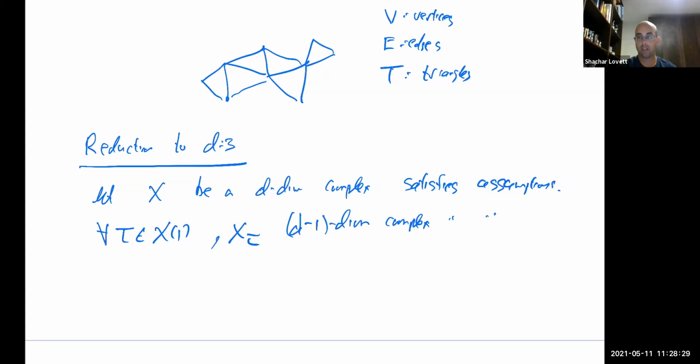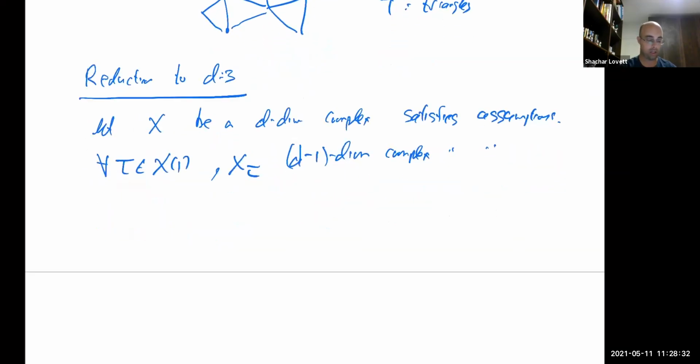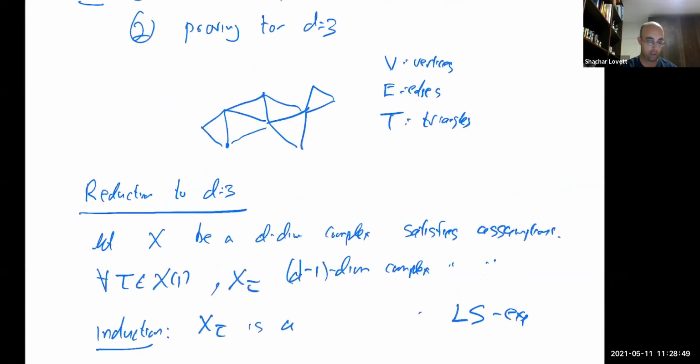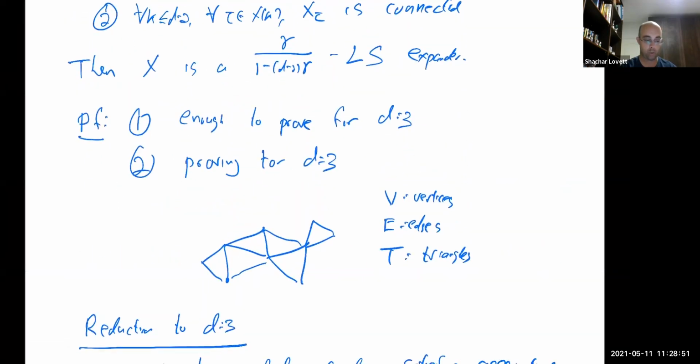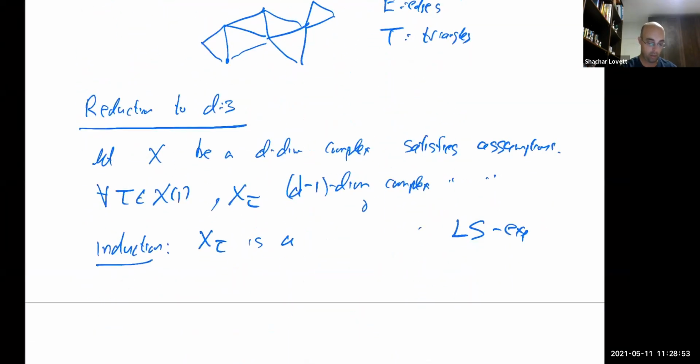So by induction, X tau is a local spectral expander. And what value do we get here? Well, we plug into the formula d-1 instead of d. So it's going to be a gamma over (1 minus (d-3) gamma) local spectral expander.